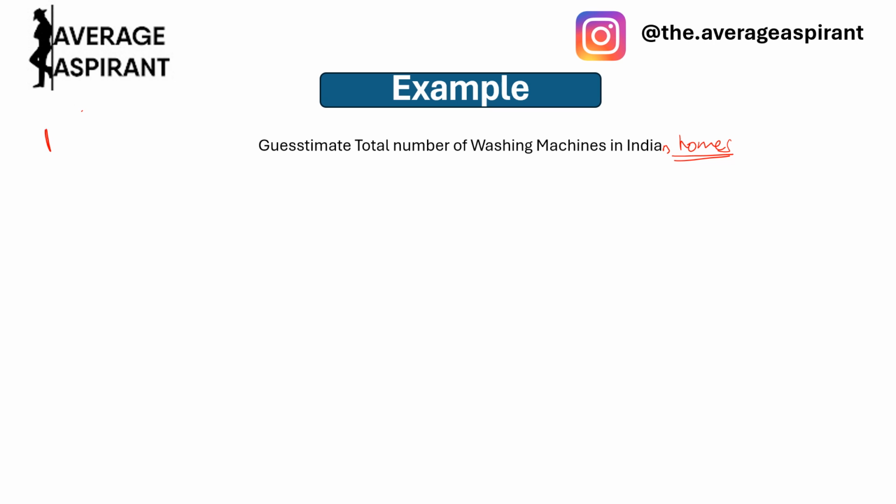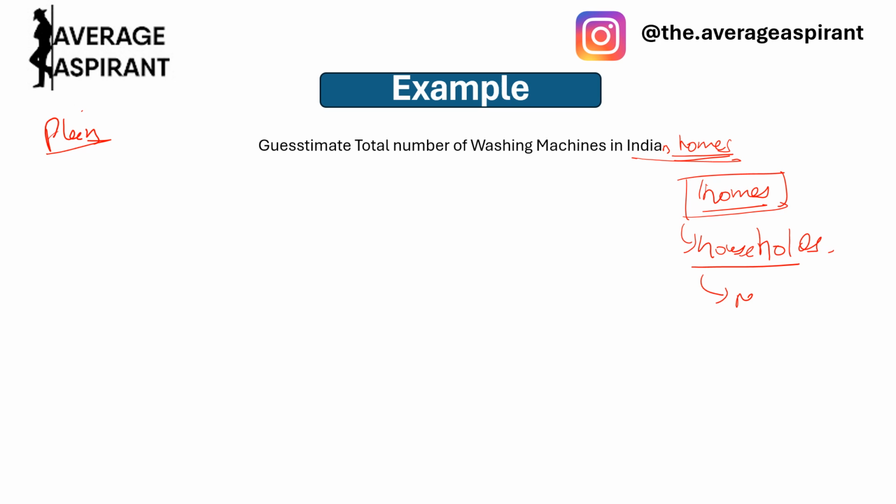Now you need to plan. So to get the total number of washing machines in Indian homes, you need to find Indian homes. You need to find the total number of households. How will you get it? By number of people. How will you get it?